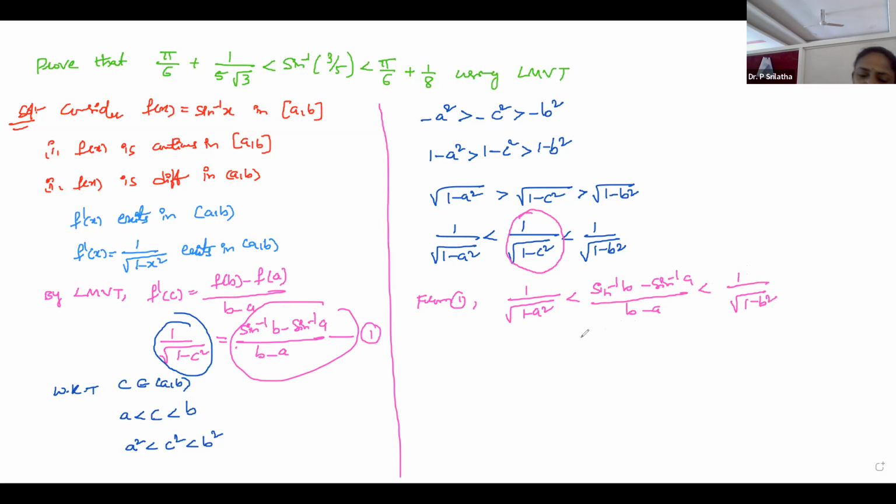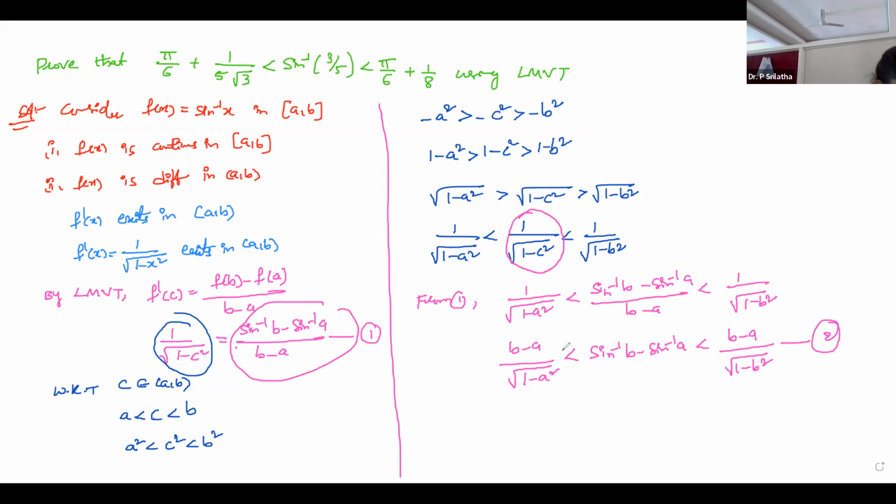So multiply with b minus a on both sides, like the previous problem. So that is b minus a divided by under root of 1 minus a square is less than sine inverse b minus sine inverse a is less than b minus a divided by under root of 1 minus b square. Okay, so now let us consider this is equation 2.